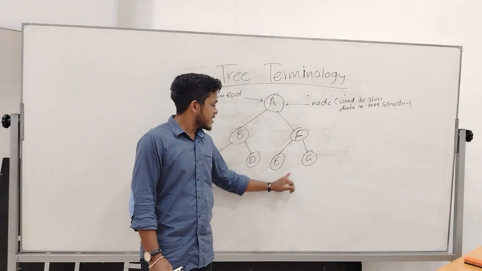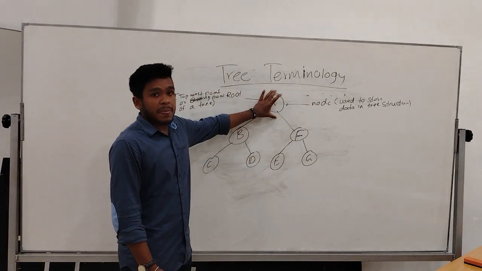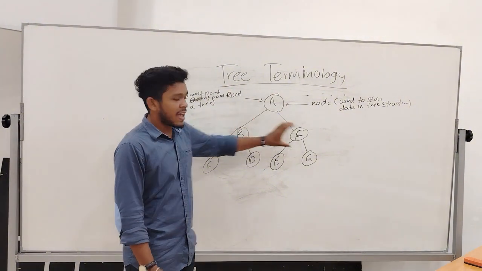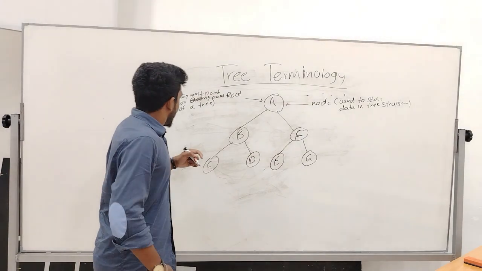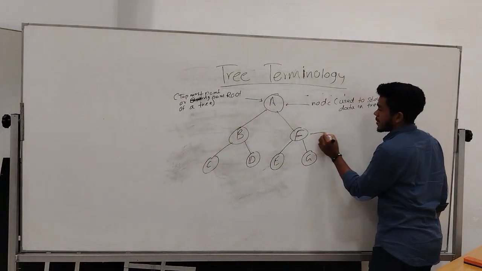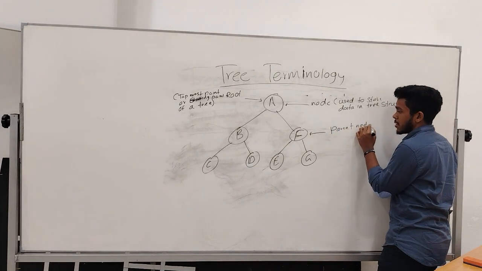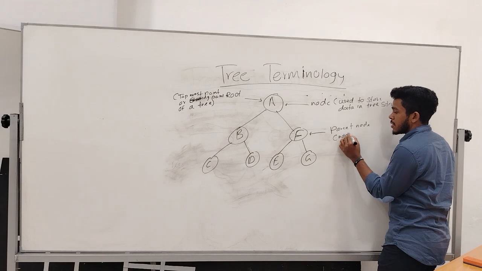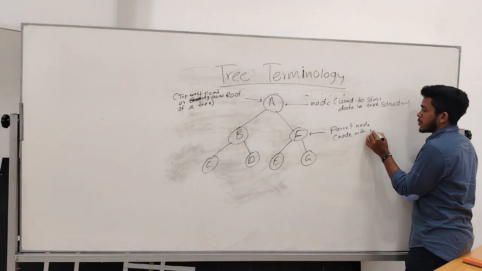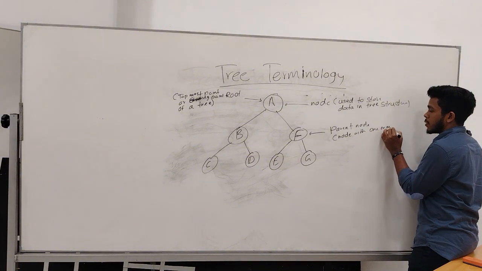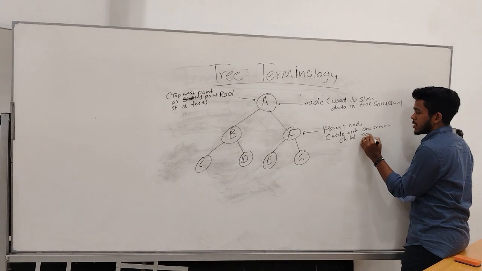It has child nodes C, E and G, and A is a parent node of B and F. So these are parent nodes with one or more child nodes.